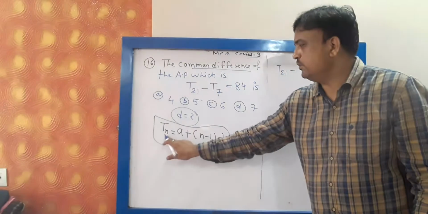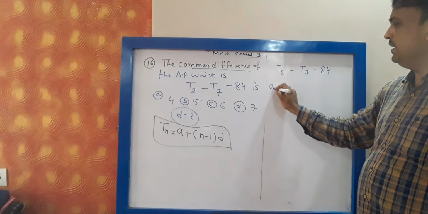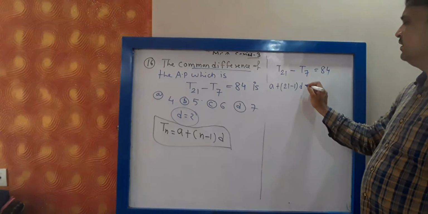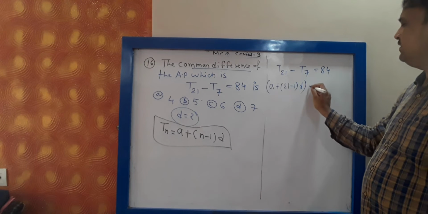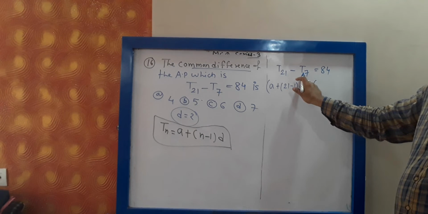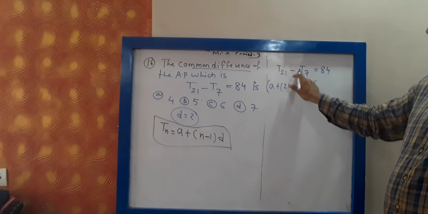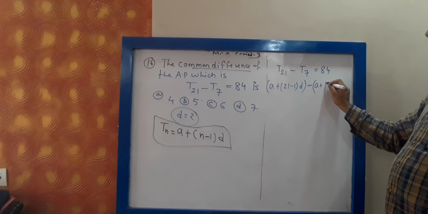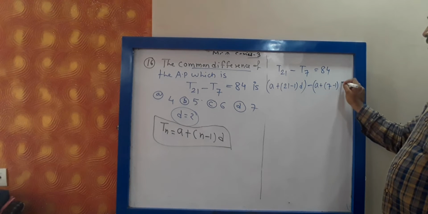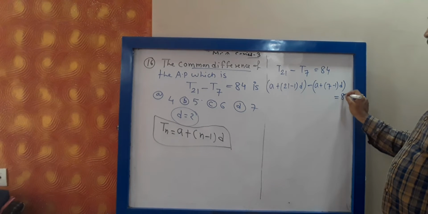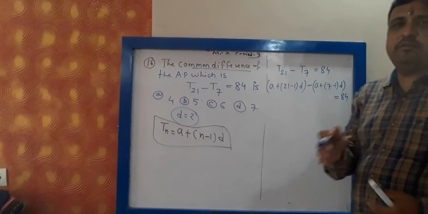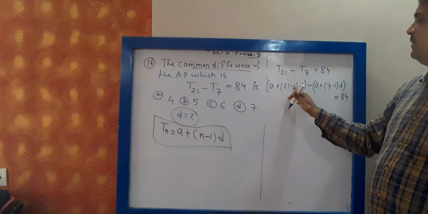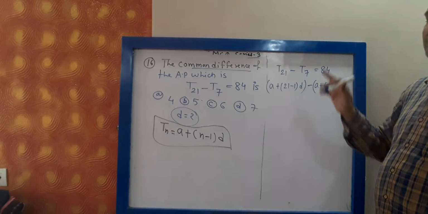T21, put n equal to 21, so you will get a plus 21 minus 1 into d, then minus T7. Minus sign, so you have to write T7 in the bracket: a plus 7 minus 1 into d. This is given 84. And if you are very comfortable with the calculation, instead of showing 21 minus 1, you can write 20d.